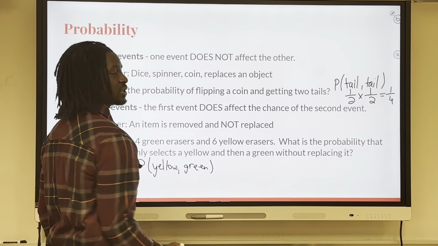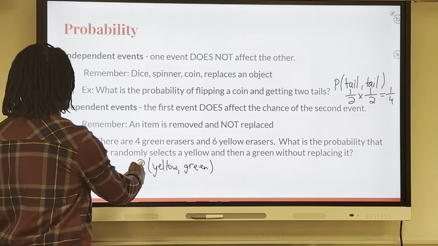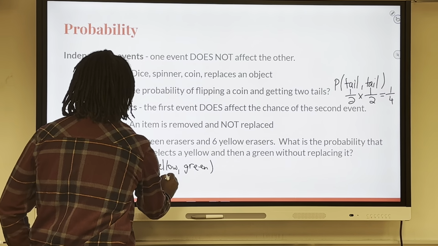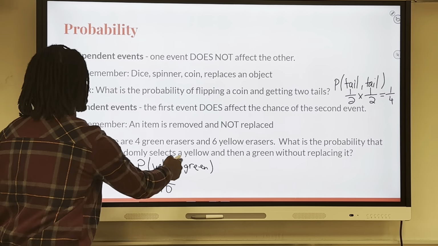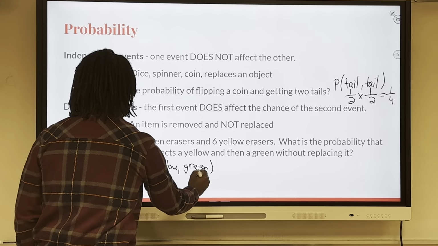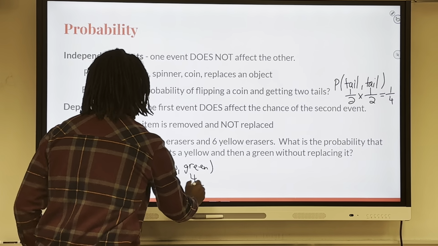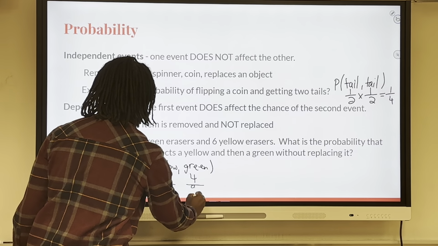I'm not putting it back, so my total is going to change. The probability of getting a yellow is 6 out of 10. Then the probability of getting a green one is 4, but because I took a yellow one out and did not put it back, now I only have 9.